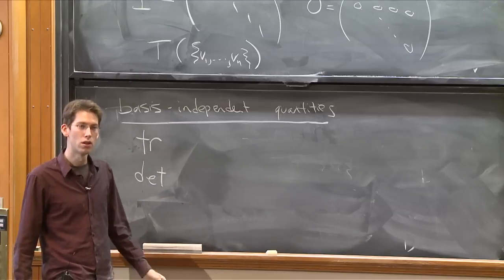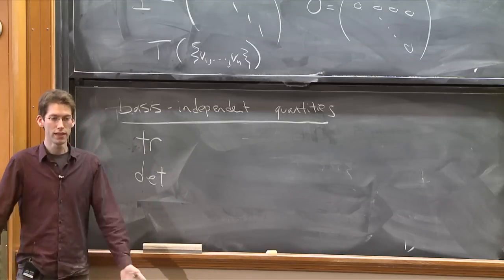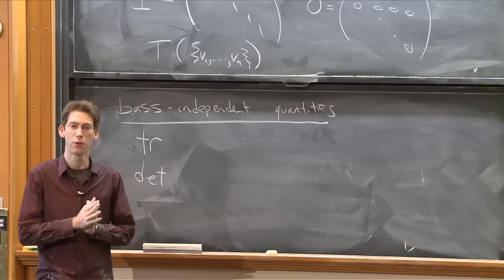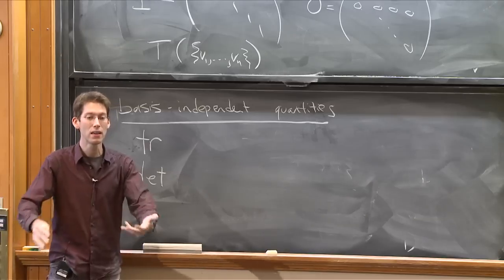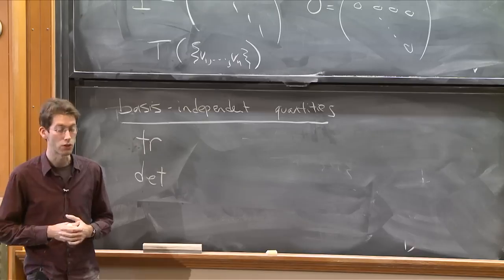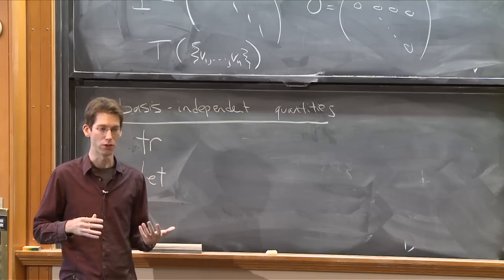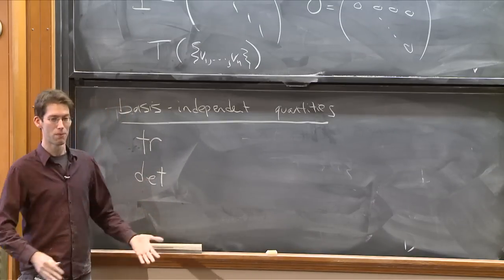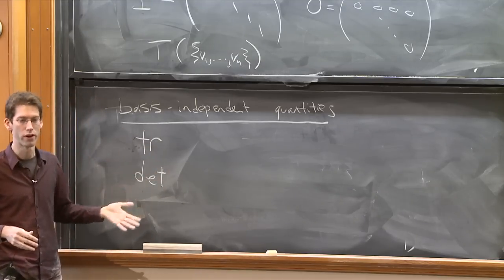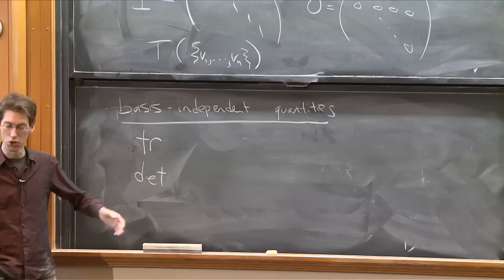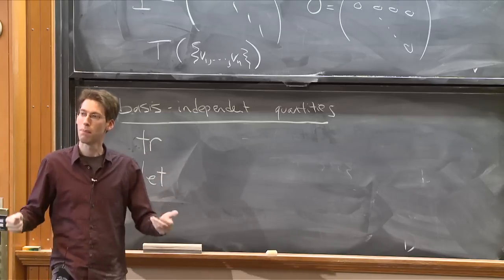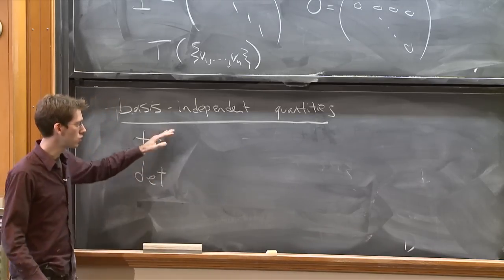In a future lecture we'll see that basis independent things are functions of eigenvalues that don't care about the ordering of the eigenvalues. So they're symmetric functions of eigenvalues. And then it starts to make more sense, because among symmetric polynomials, those are two of the most important ones, where you add up all the things and where you multiply all the things.